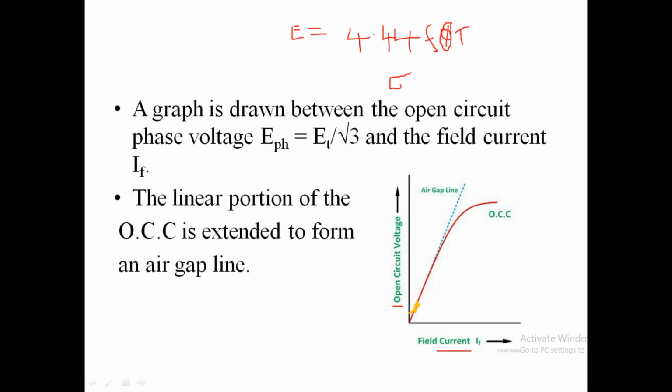So E is always directly proportional to phi, because we are always rotating at the same speed. Frequency is not changing, the number of turns is not changing, and flux is directly proportional to I_F. So we are expecting a linear curve, that is, the E versus I_F curve should be linear.